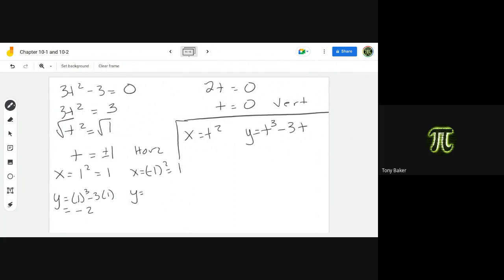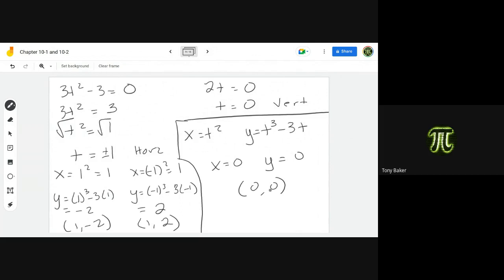And then I got y equals -1 to the third minus 3 times -1, which is 2. So my 2 points are 1, -2, and 1, 2. And then my vertical one, I do the exact same thing. So x equals 0 and y equals 0. So my vertical one was 0, 0.